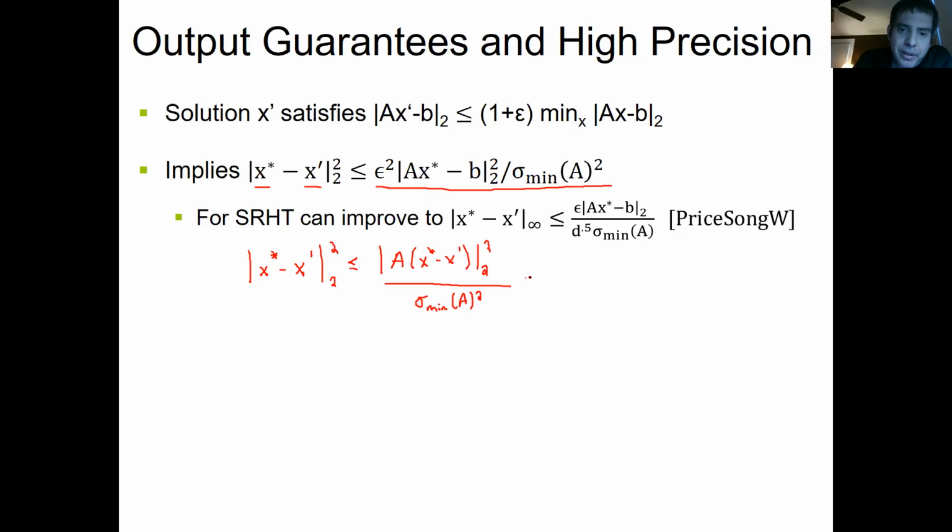And now you use the Pythagorean theorem that this numerator is actually equal to, if I want to look at AX prime minus B 2-norm squared, then let me just write it like first.